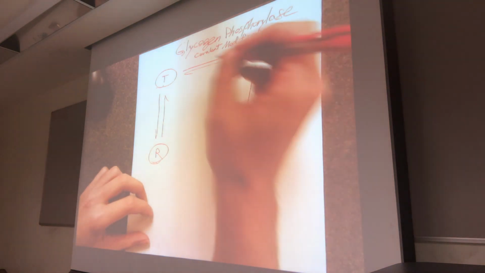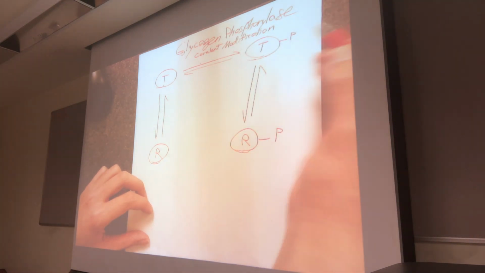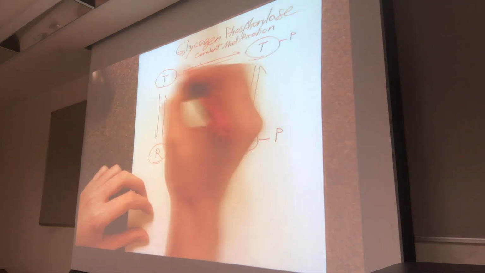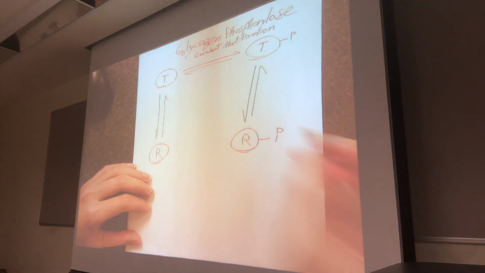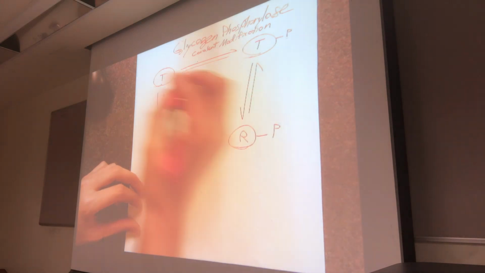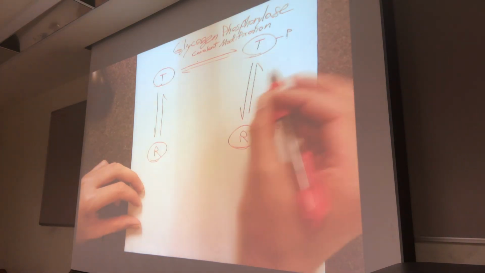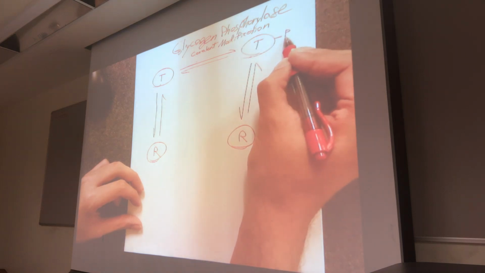In this example, there is an enzyme that covalently attaches phosphate to glycogen phosphorylase. So each of these circles, by the way, represents glycogen phosphorylase. If you don't remember what T or R stands for, I'll go over that again in a little bit. But each circle represents one of the four possible states glycogen phosphorylase can be in.